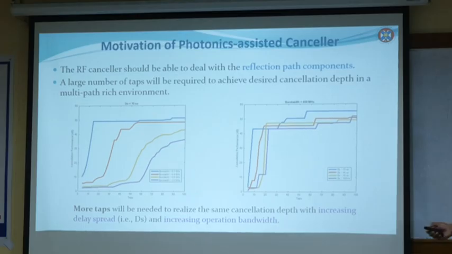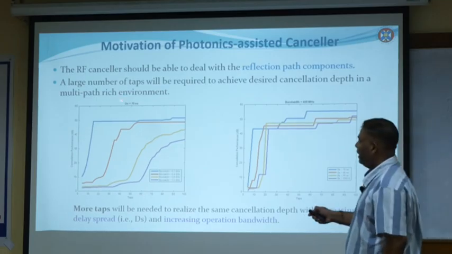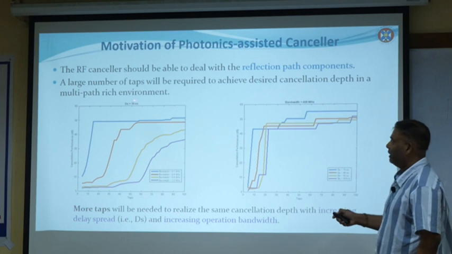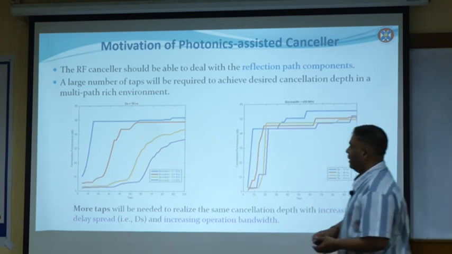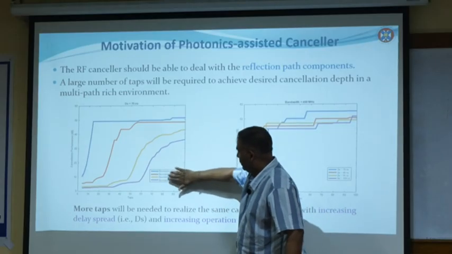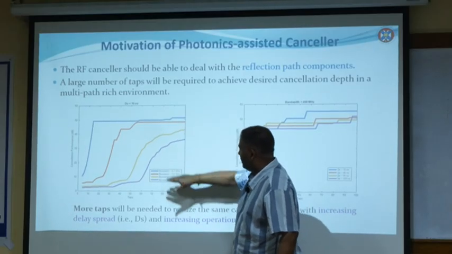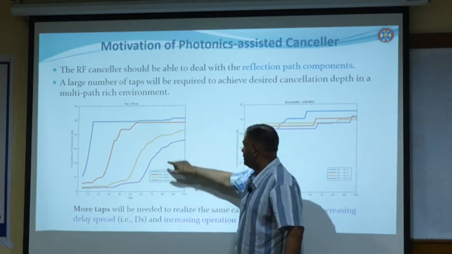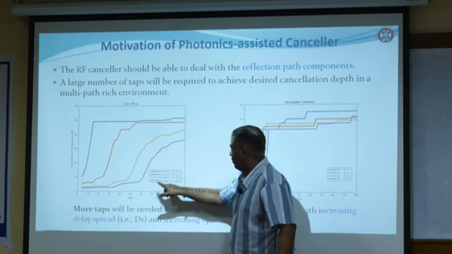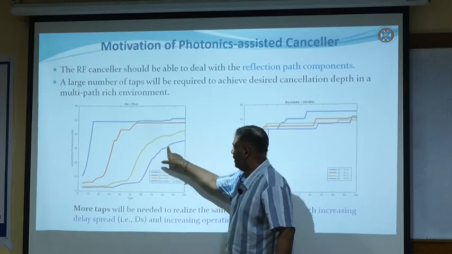You can see some plots here. This is cancellation performance versus taps for a 70 nanosecond delay spread channel. These different lines are for different bandwidths. Here this is the 1 gig bandwidth channel.